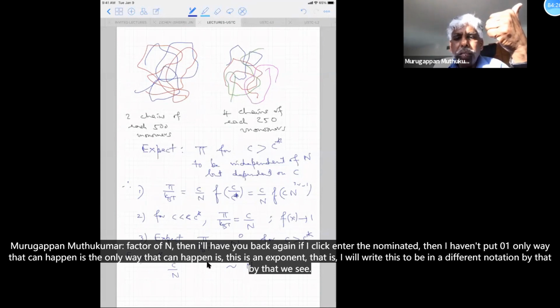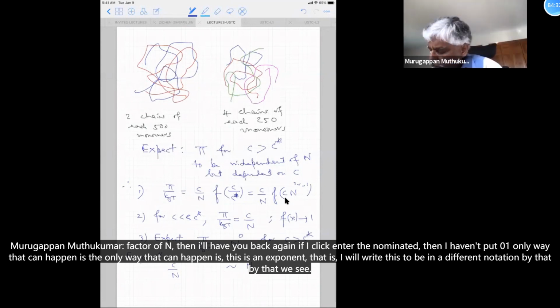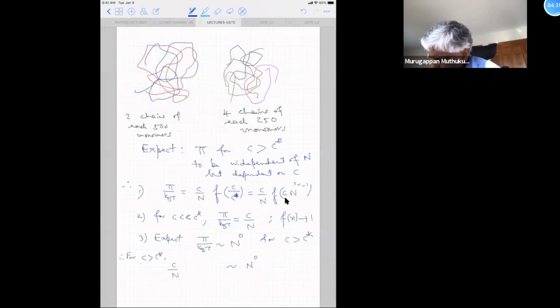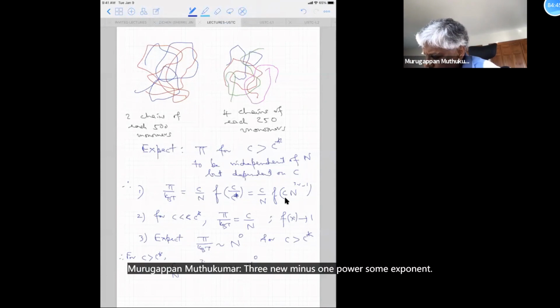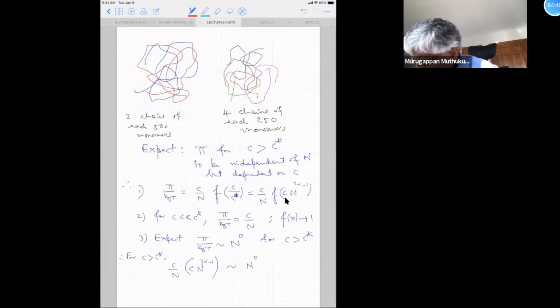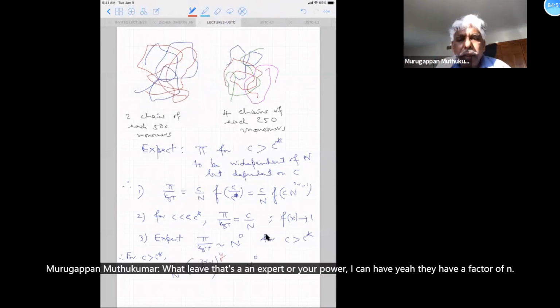The only way that can happen is if this is an exponent. I will write this in a different notation. I write that to be C N power 3 nu minus 1, power some exponent. Only if that's an exponent, a power, I can have a factor of N.